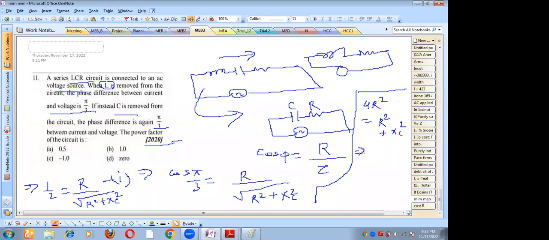So from here we get XC square is equal to 3R square, right? Got my point?